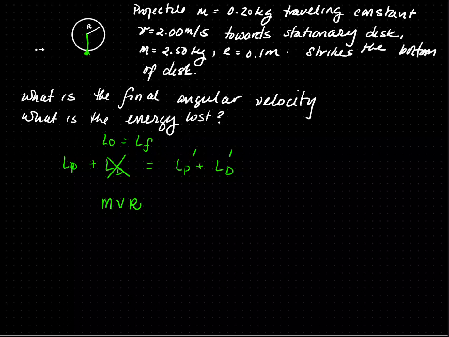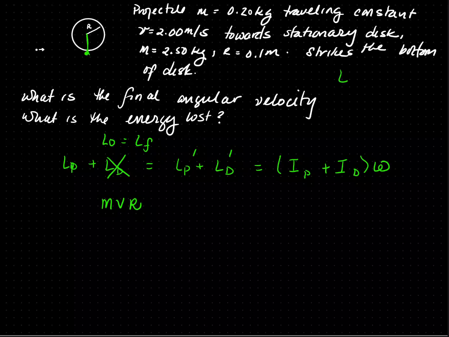At the end, we know that the disk and the projectile are together and they're moving together. So if they are moving together, they're going to have the same angular velocity. So this is going to be I of the projectile plus I of the disk times omega.